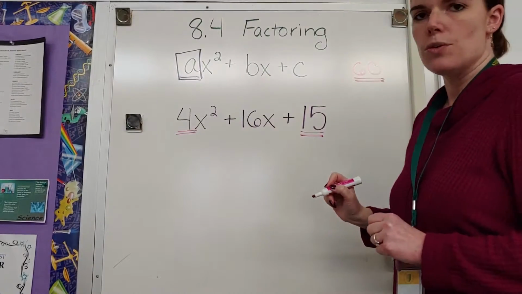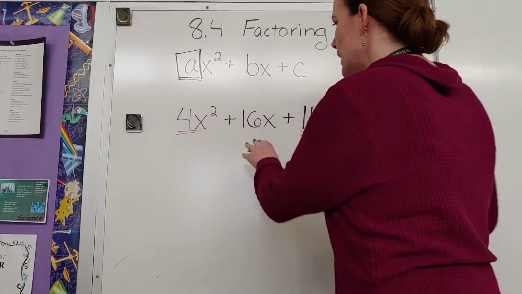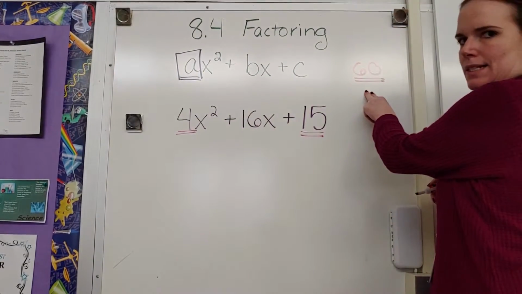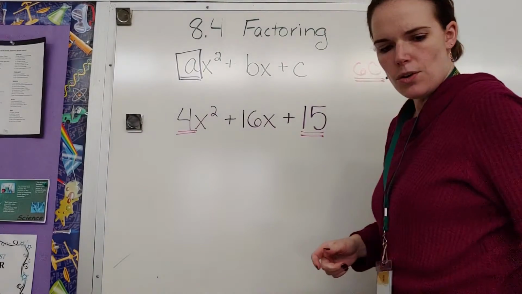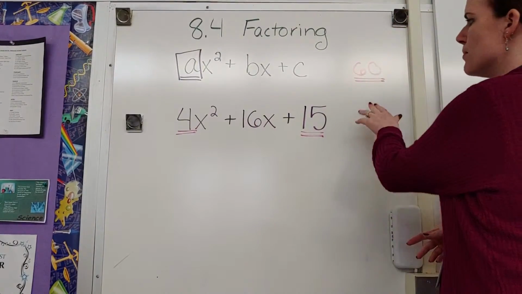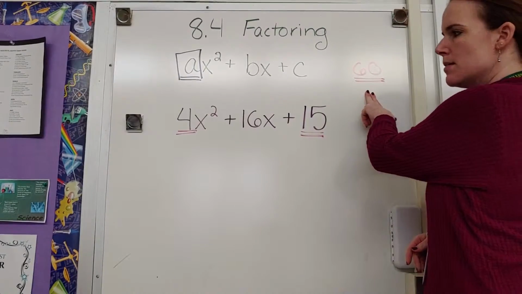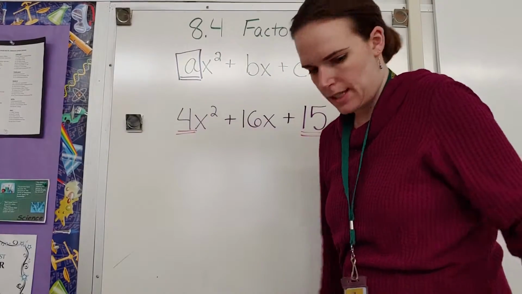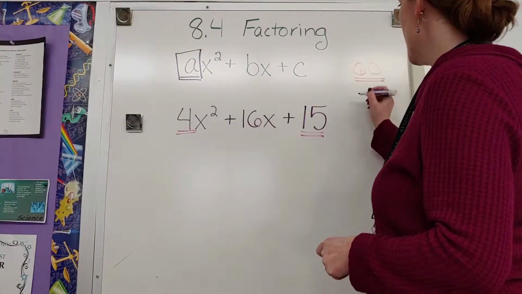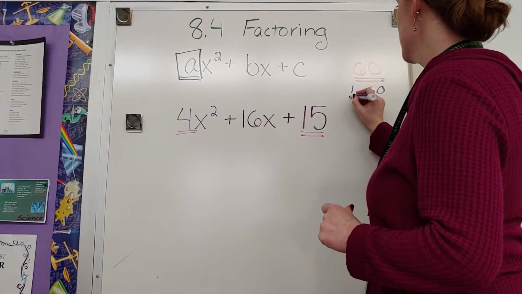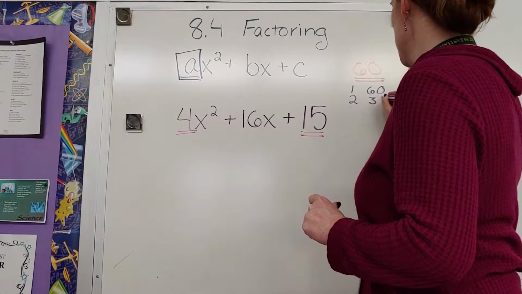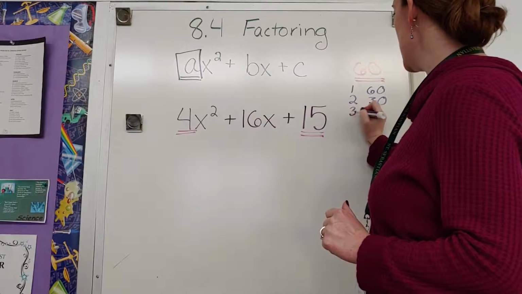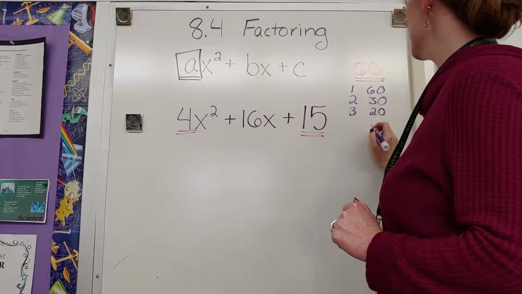And now what we're going to do is attempt to rewrite this middle term using the factors of 60. So we have to come up basically with two numbers that multiply to be positive 60, but add to be a positive 16. So let's see. Obviously I have 1 and 60. I have 2 and 30. I have 3 and 20.